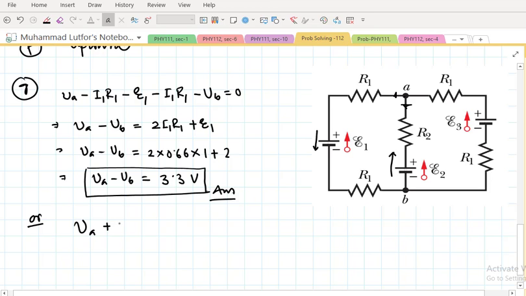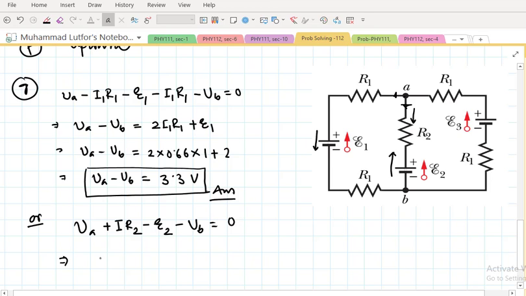So I write plus I times R2. I give the plus sign because I know the voltage drop across the resistance is negative when I move along the current, but here I'm moving opposite to the current direction. That's why I give it a plus sign instead of minus. Now minus E2, since I'm going from higher potential to lower potential, minus VB equals 0.